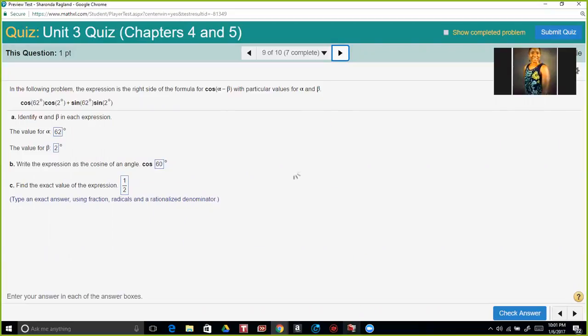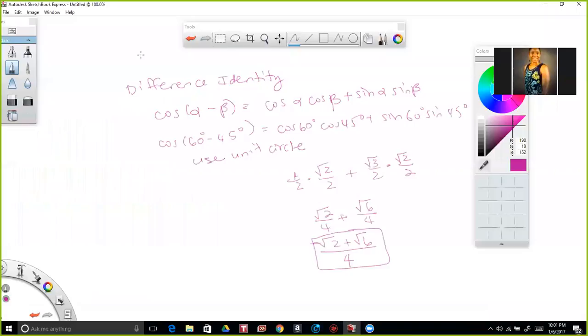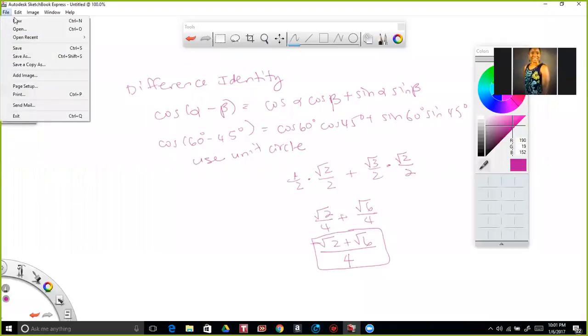All right, so we have this. You use the figure to find the exact value of the following trig function. So we have the double angle. All right, so basically we have to know, again, the formula for a double angle.